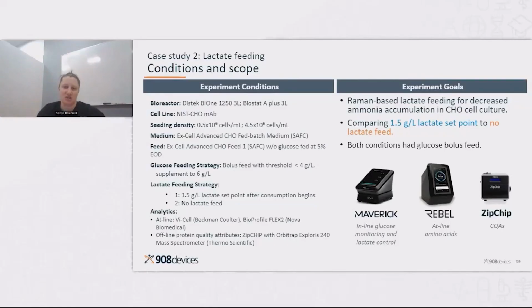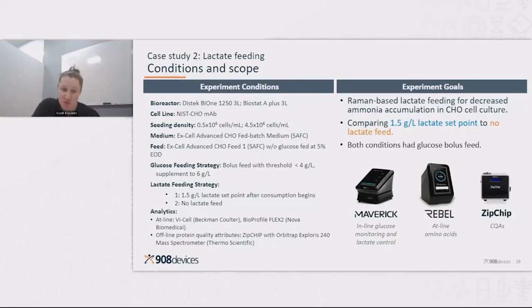What we're trying to do with the lactate feed, after that consumption begins, is keep it at a level where we're avoiding that bottoming out. And we're hoping that will show us a decrease in ammonium accumulation and in turn some positive impacts on product quality.